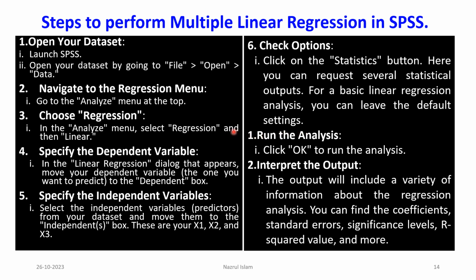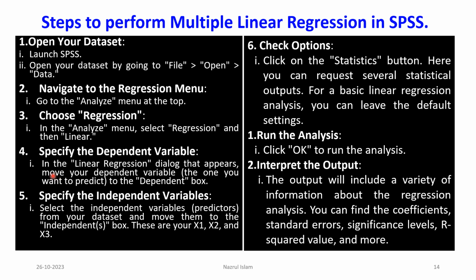So we can also perform multiple linear regression by using SPSS. There are several steps. First, open your dataset in Excel and launch your SPSS of any version, preferably more than 20 version. Open your dataset by going to File, Open and Data, then go to Analyze and under Analyze you can find Regression and then click Linear.